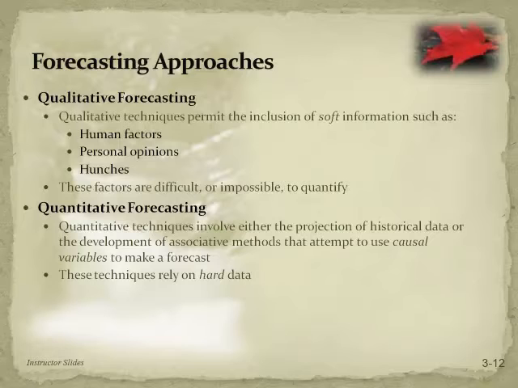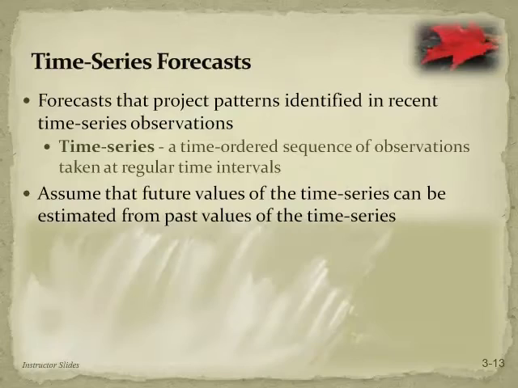Quantitative means mathematical, so we have some type of mathematical formula, and I'm using some historical data from the past, and again, I'm making the assumption that the future has some relationship to what has happened in the past, and that is generally true, but not always.